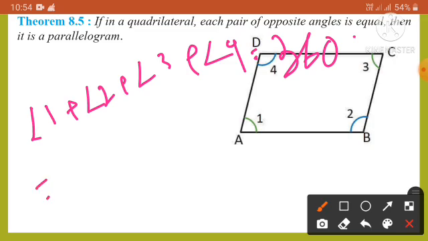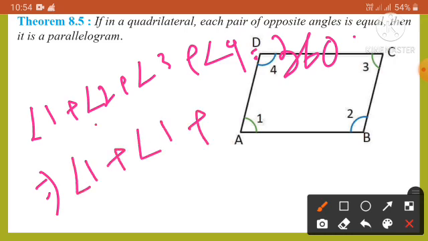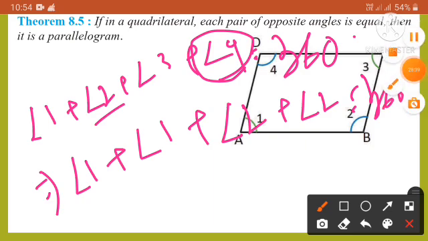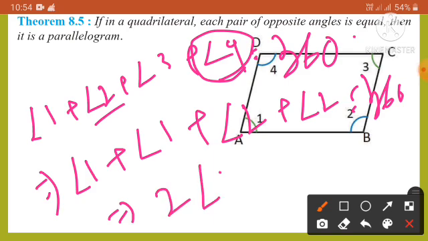So we can write angle 3 as angle 1 and angle 4 as angle 2, so 2 angle 1 plus 2 angle 2 equal to 360.